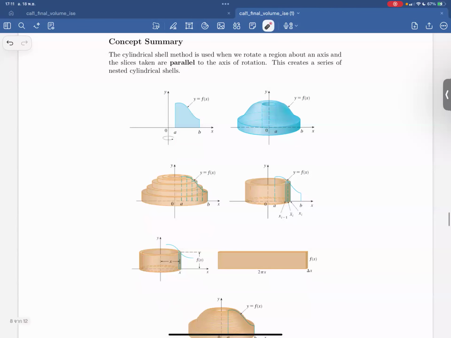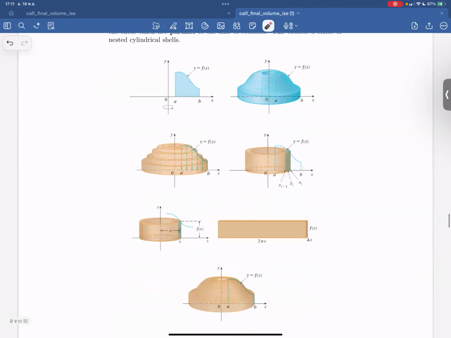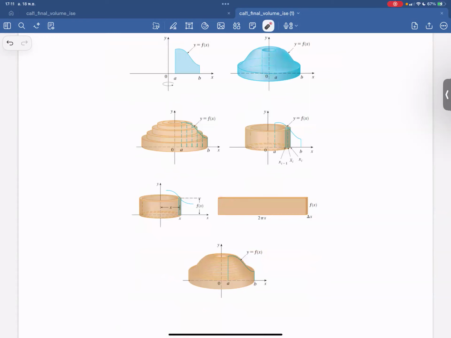rectangle, but the rectangle's formula is just like the surface area of the cylinder. When you cut it and then straighten it out, you get the rectangle. But this rectangle has length 2 pi r, right? I mean, when your radius is x, the length should be 2 pi x, as it's the circumference of the circle over here.